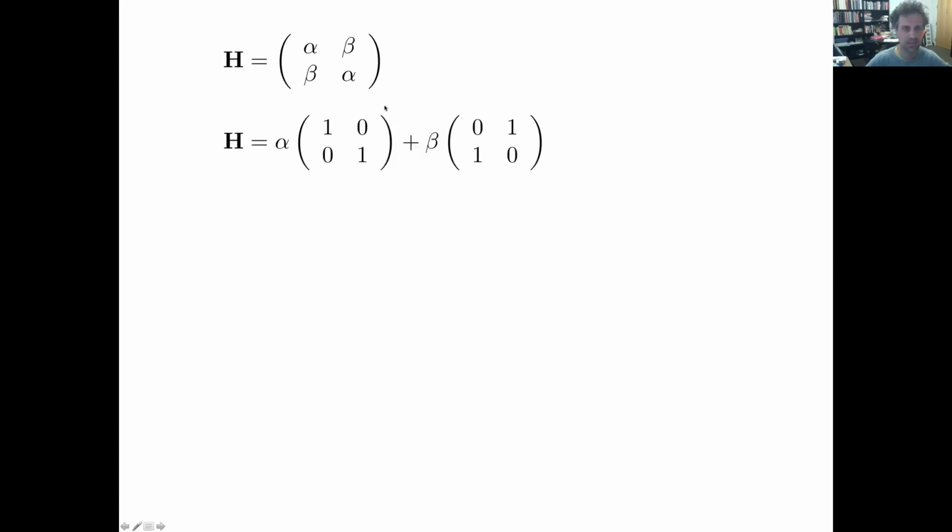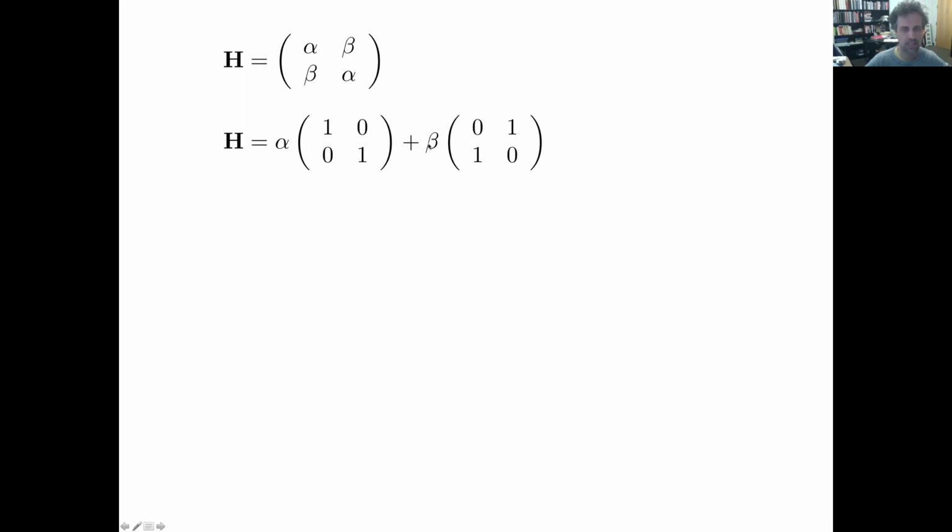How do you do that? Well, something like this, right? I can split this matrix into 2 matrices. One has the values for alpha. That means I have here a diagonal matrix with 1, 1. Because I multiply alpha with 1, 1, I'm getting alpha, alpha on the diagonal of this small 2 by 2 matrix.